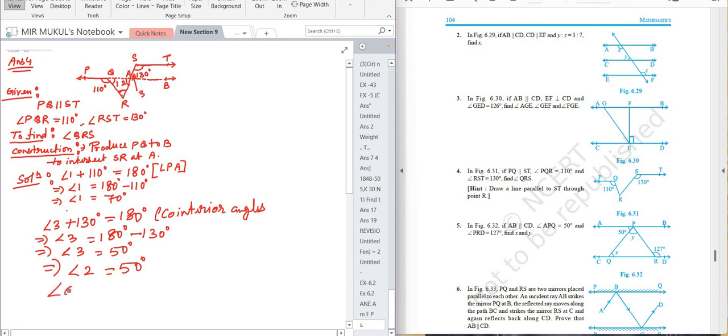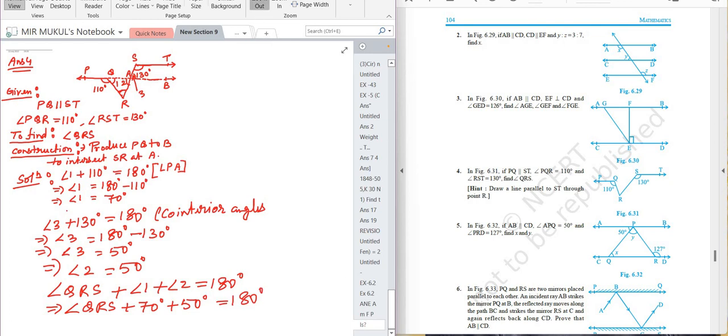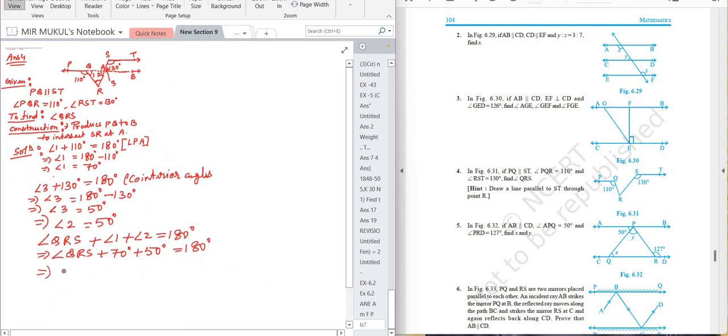After that we can use the angle sum property. Angle QRS plus angle 1 plus angle 2 equals 180 degrees. Angle QRS, angle 1 is 70 degrees plus 50 degrees equals 180 degrees, right? Yes, sir.